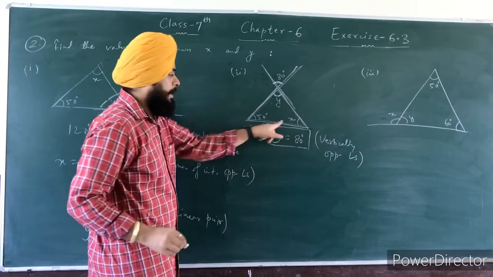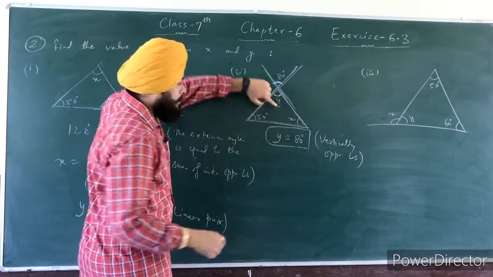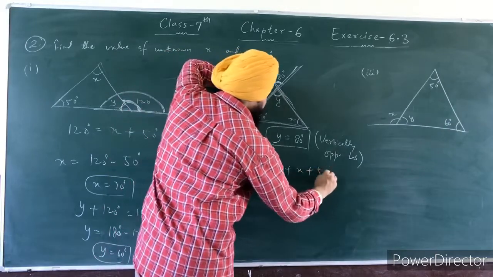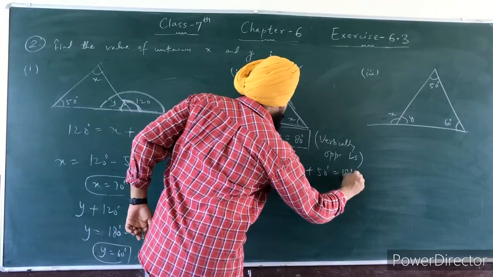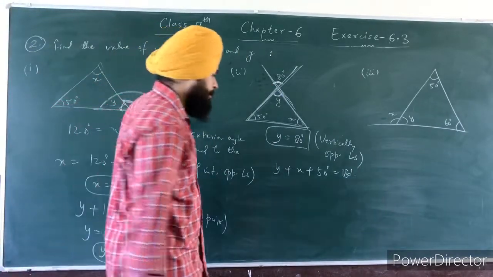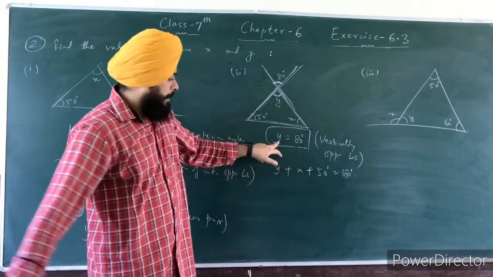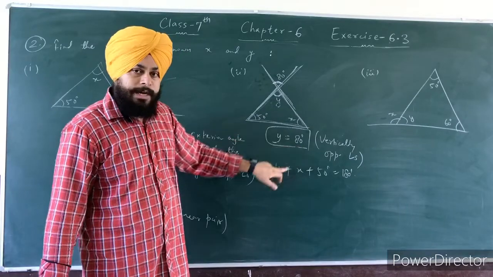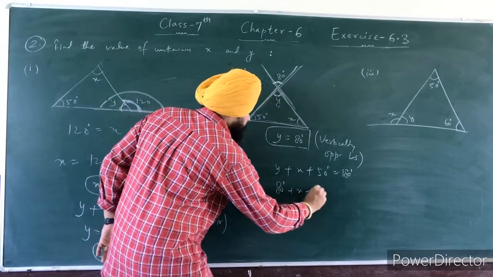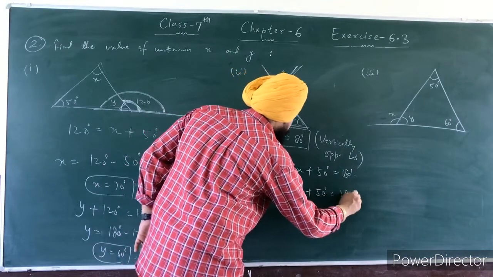The sum of all three angles in a triangle is 180 degrees. So the first angle is y, second is x, and third is 50, equal to 180 degrees. Right, this is the angle sum property. You already know the value of y, which is 80 degrees. So it is 80 degrees plus x plus 50 degrees is equal to 180.